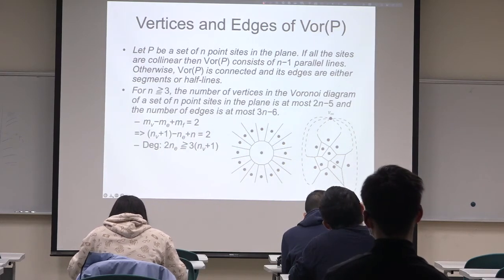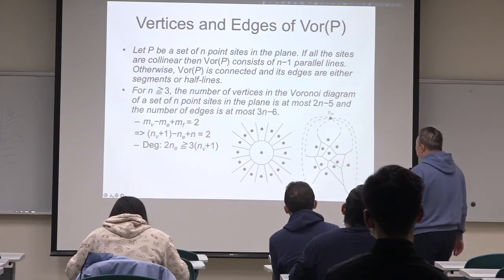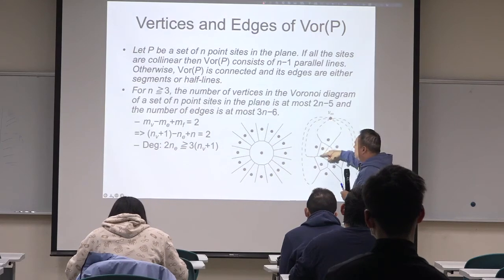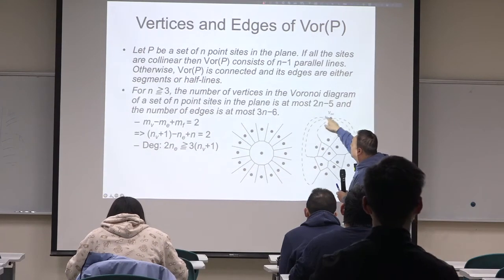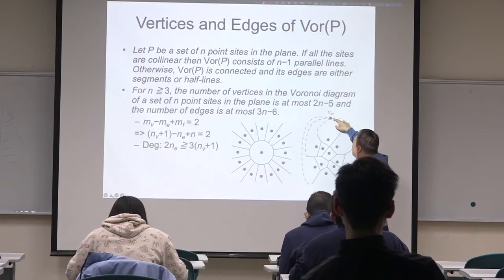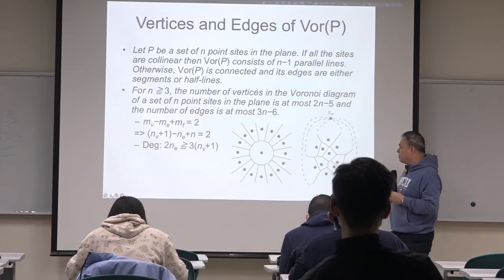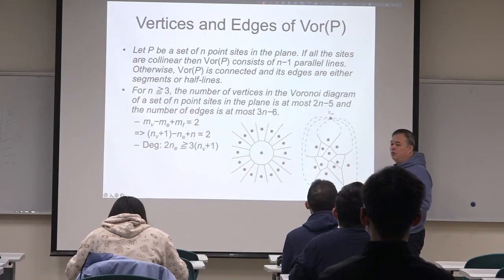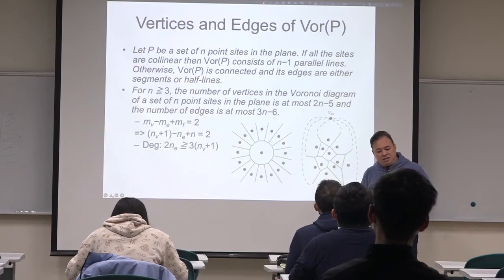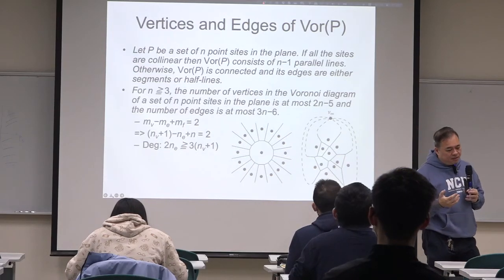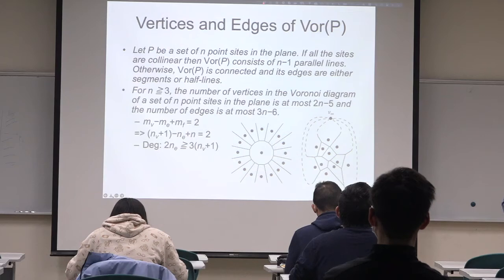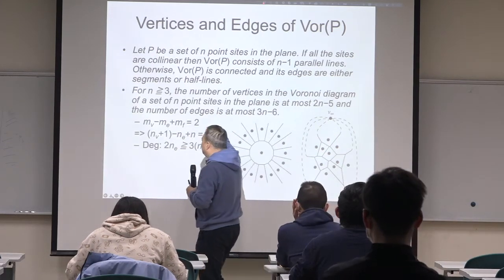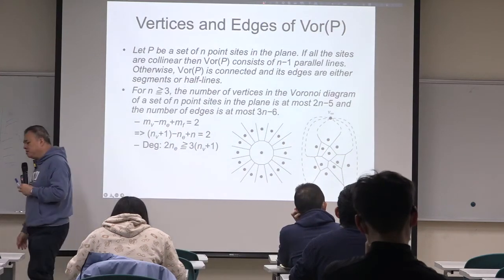So that is why we introduce one more vertex at an infinite location and have all these half lines converge to that point. By doing so, your Voronoi diagram will conceptually become a planar graph, then you can apply this Euler formula.